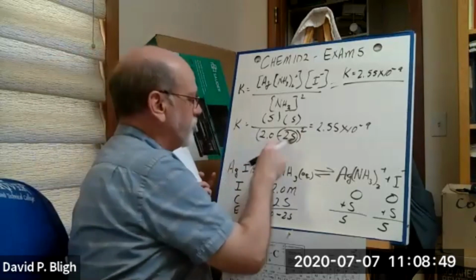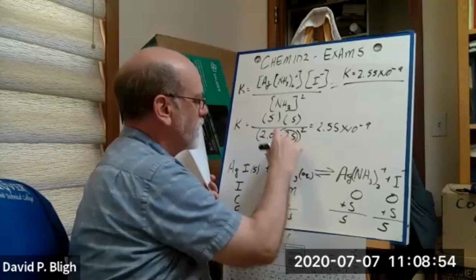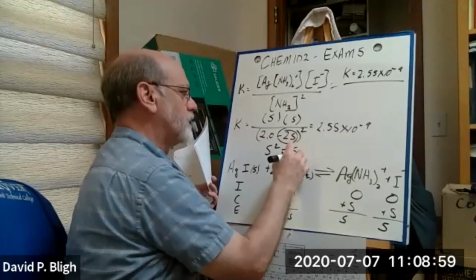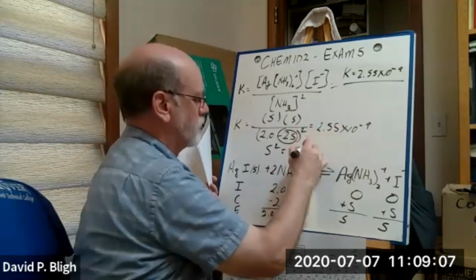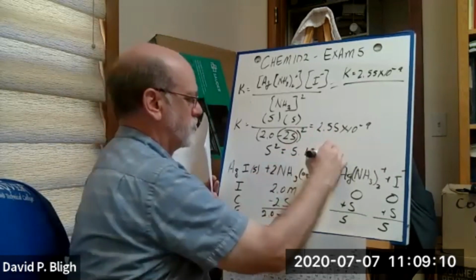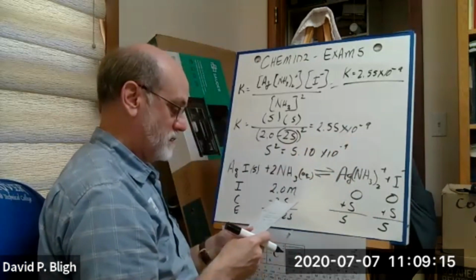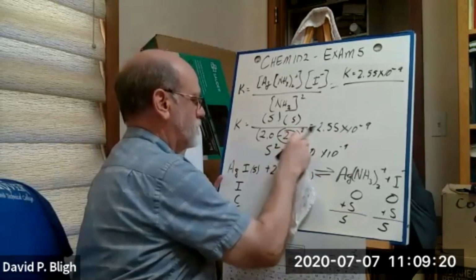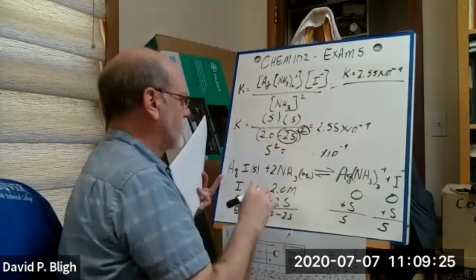But if we do that, then we have S squared equals 2 squared times that, so it's 4 times that.